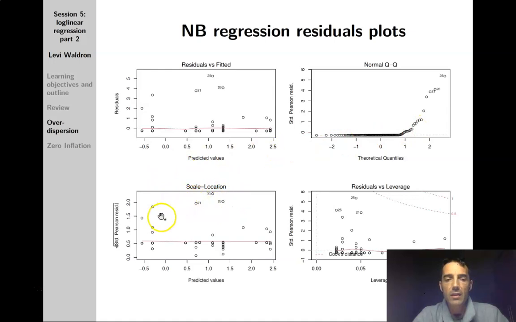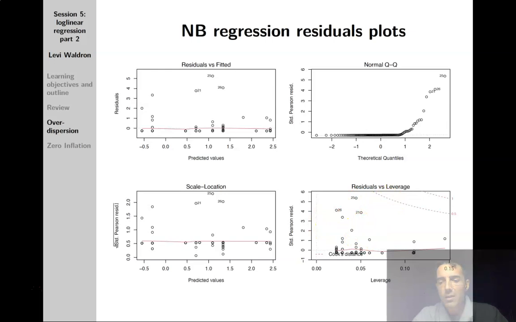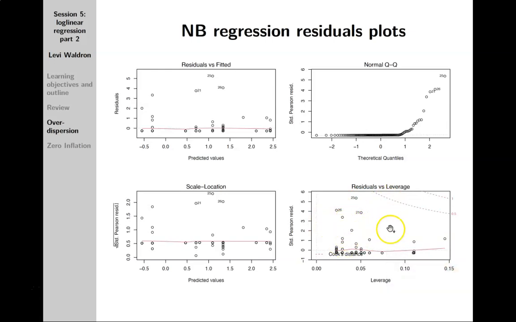And again here, definitely positive residuals larger than the negative residuals, and I don't even know how to interpret this. I wouldn't bother with a strange model like this trying to interpret this residuals versus leverage plot.